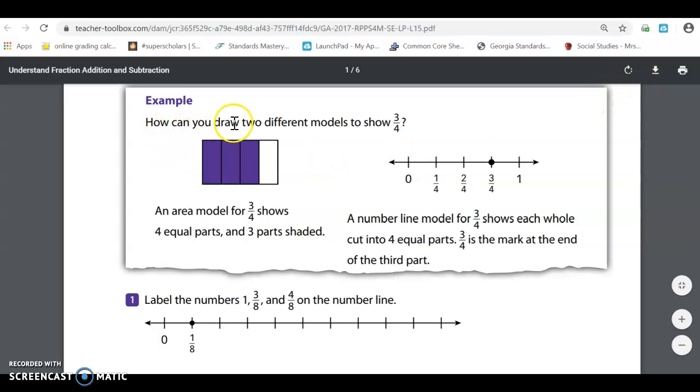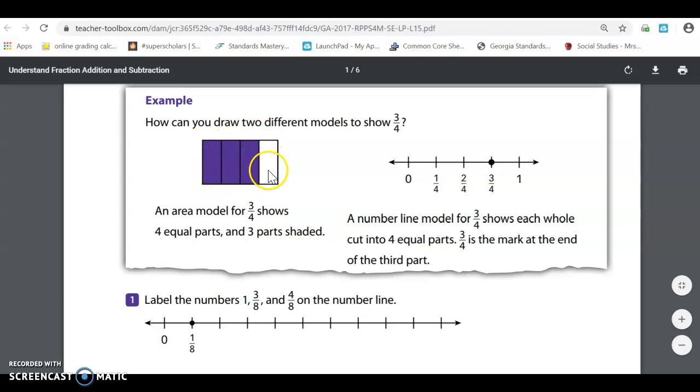It says, how can you draw two different models to show 3/4? As we can see, we can use an area model. We can also use a number line. With the area model, you can either draw a rectangle or a circle, whichever works best for you. On here, they use a rectangle. They partitioned it into 4 equal parts.